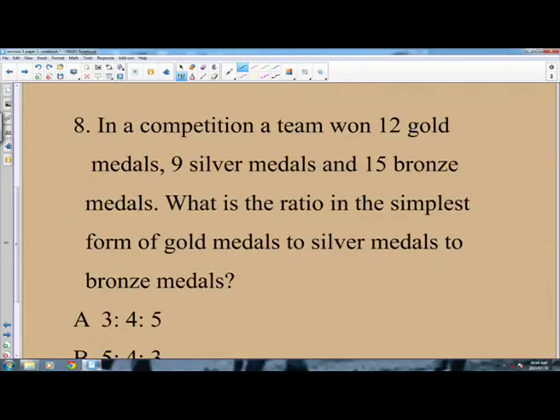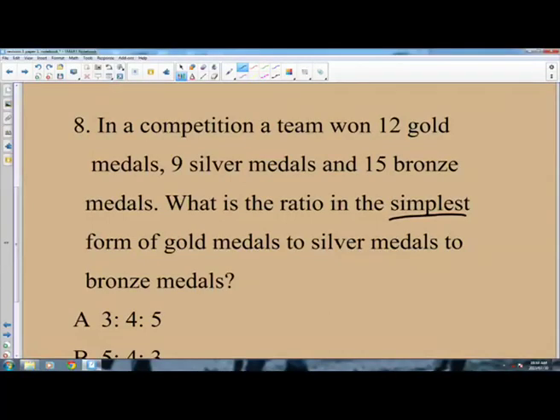In a competition, a team won 12 gold medals, 9 silver medals, and 15 bronze medals. What is the ratio in the simplest form of gold medals to silver medals to bronze medals? So the ratio has to be expressed in its simplest form. This will be gold medals to silver medals.